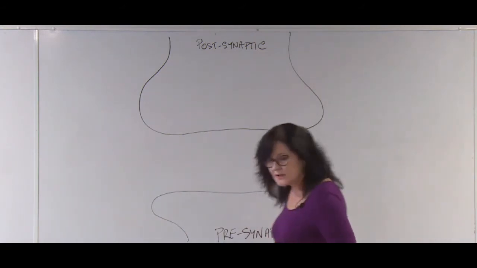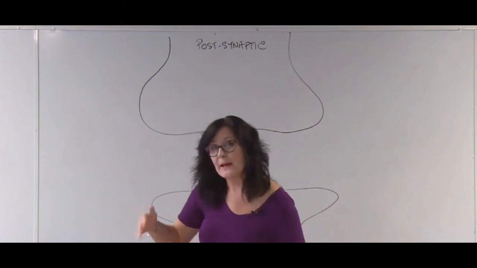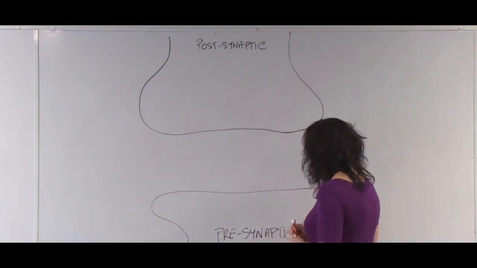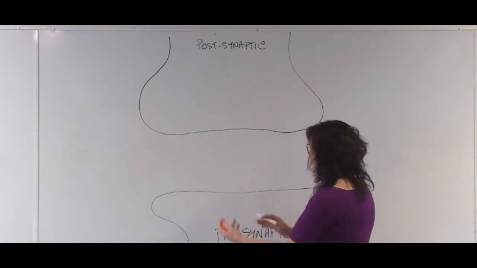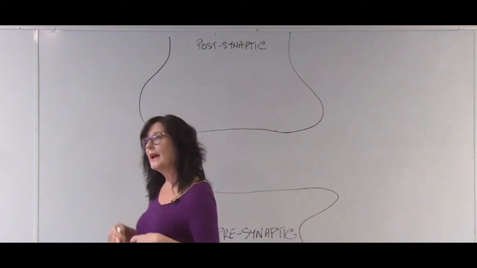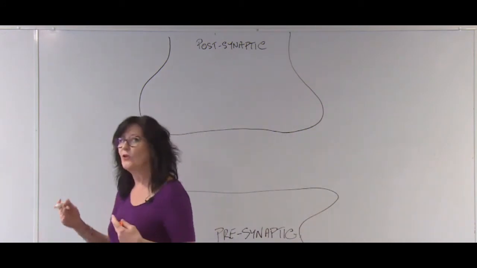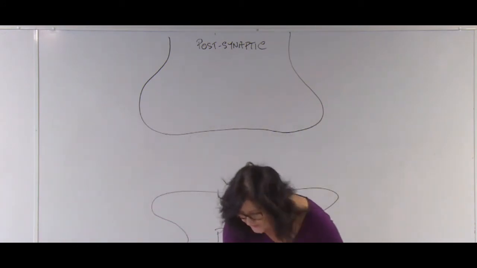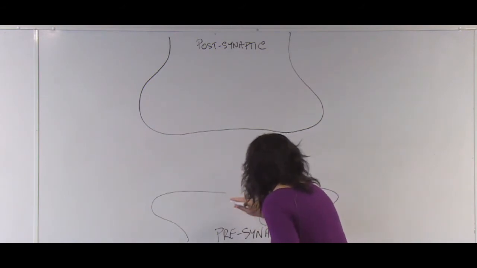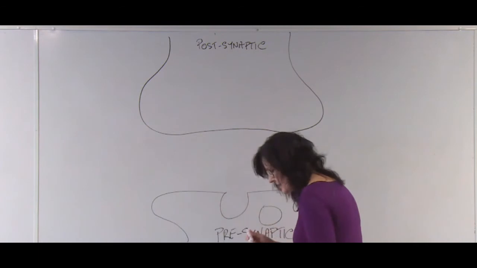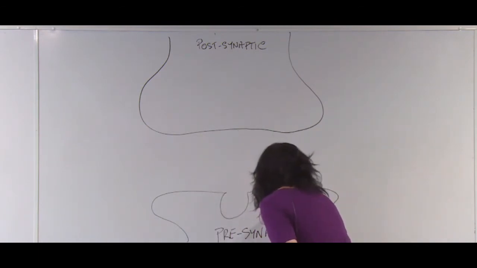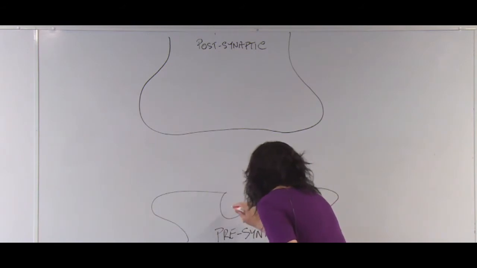Okay, so as we said, glutamate is our neurotransmitter. So glutamate, in the usual way, action potential comes along, opens voltage-gated calcium channels, exocytosis, in this case of glutamate. So let's have some vesicles. There's our vesicles, and of course, there's our exocytosis, and we'll have some molecules of glutamate.